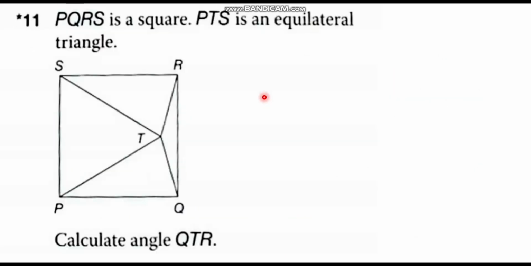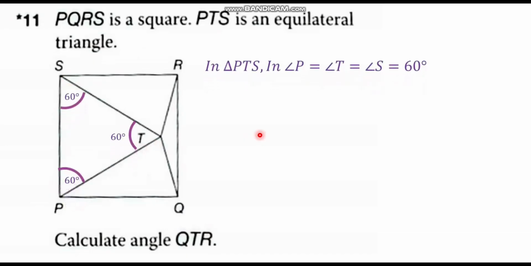In question number 11, we are given a square PQRS, and it says that PTS is an equilateral triangle. So again, we can mark all angles with 60 degrees because all angles in an equilateral triangle have the same size. So PTS will be 60 degrees.